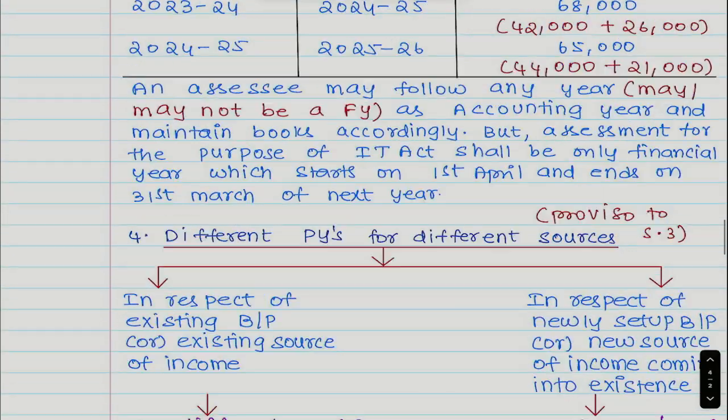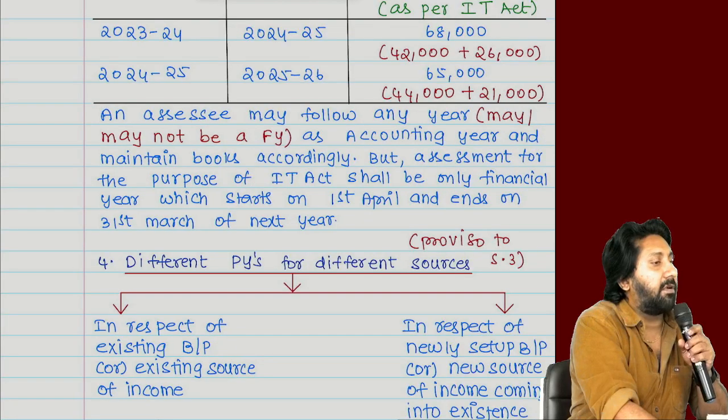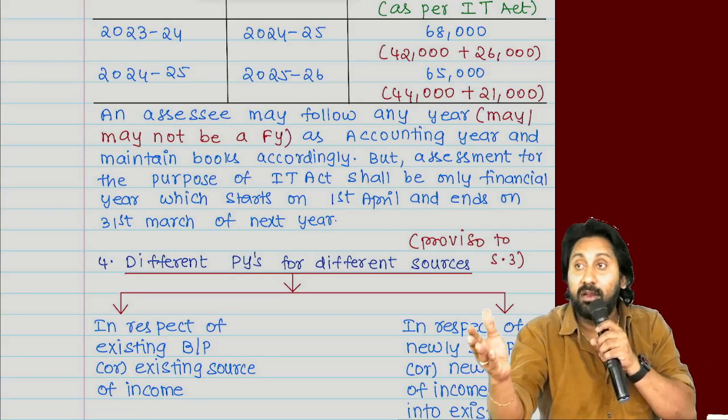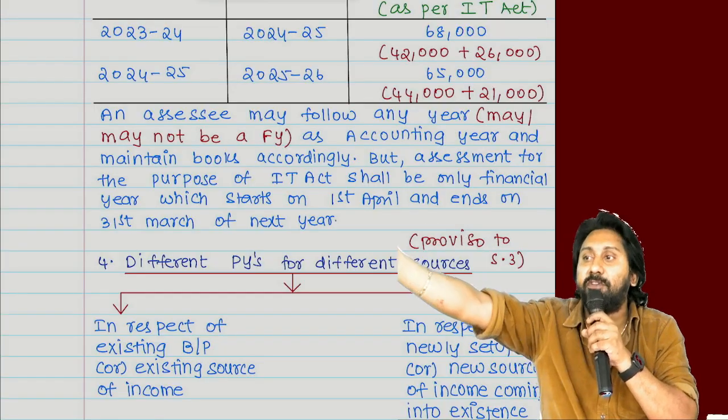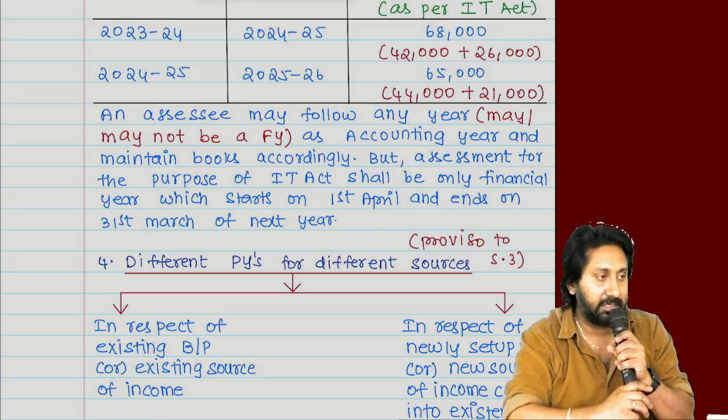Anyway, with this we have done two very important concepts. One, books of accounts versus taxable year. After that, the next one we learnt is different previous years for different sources of income. Is it possible? Yes, possible, for a new source coming into existence.